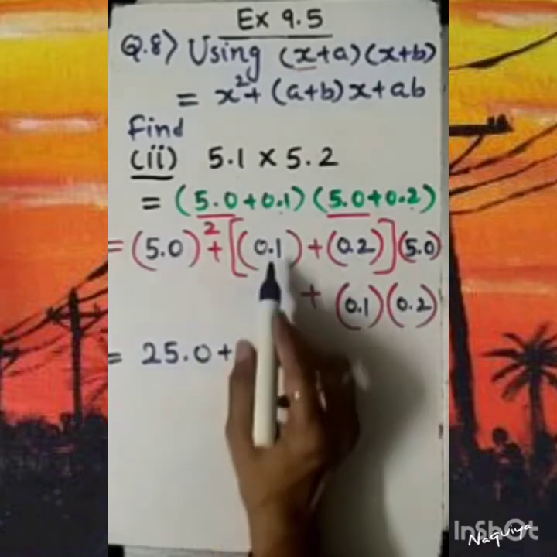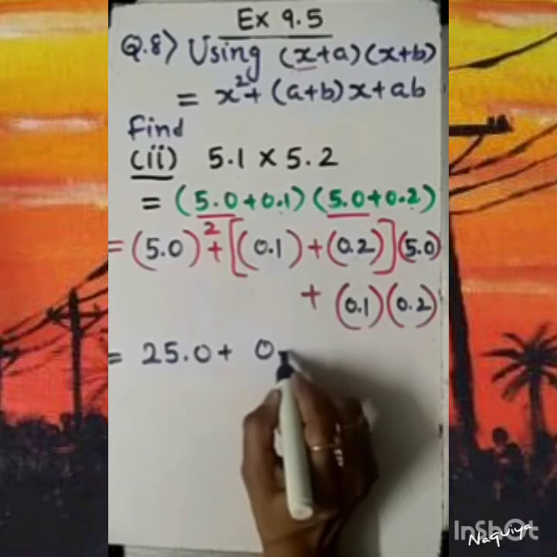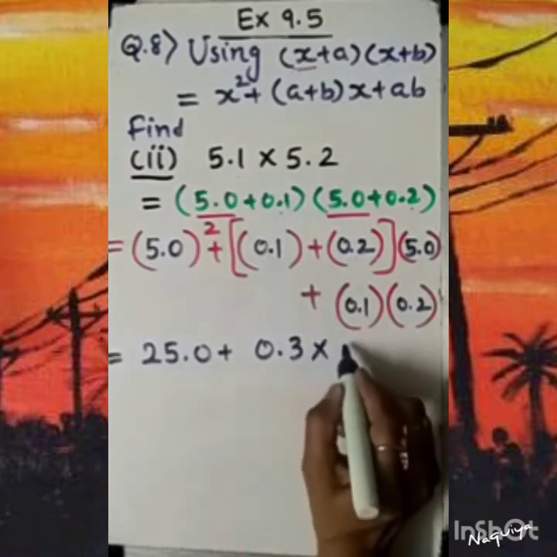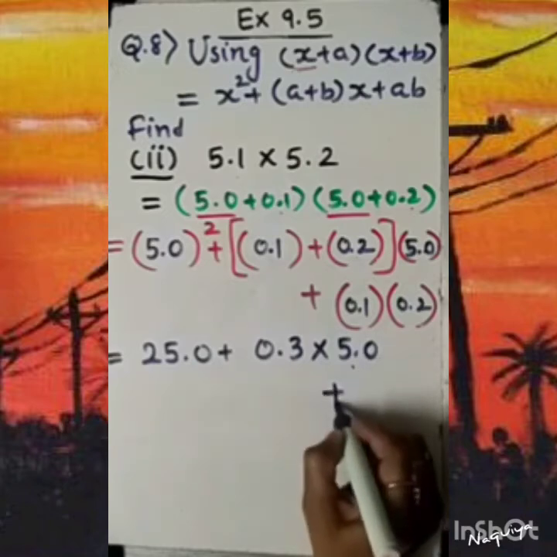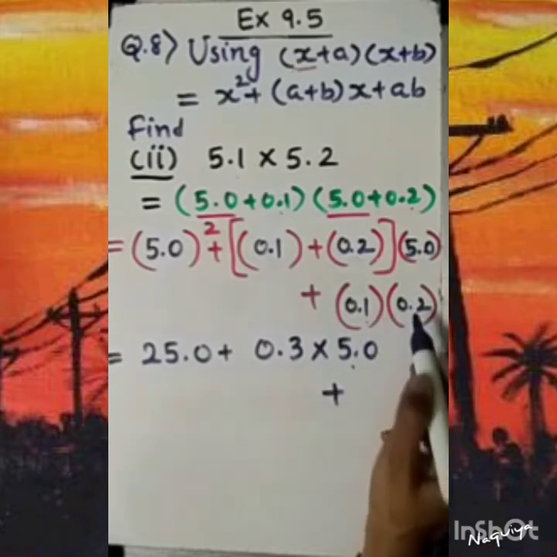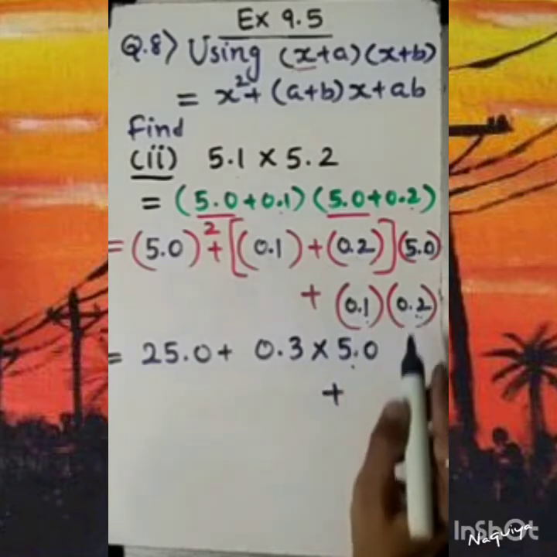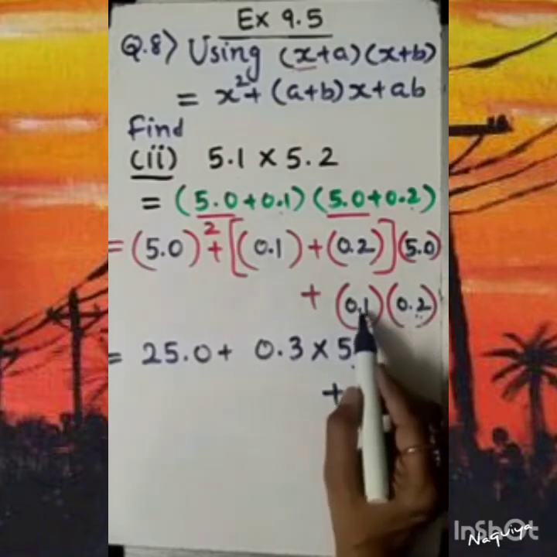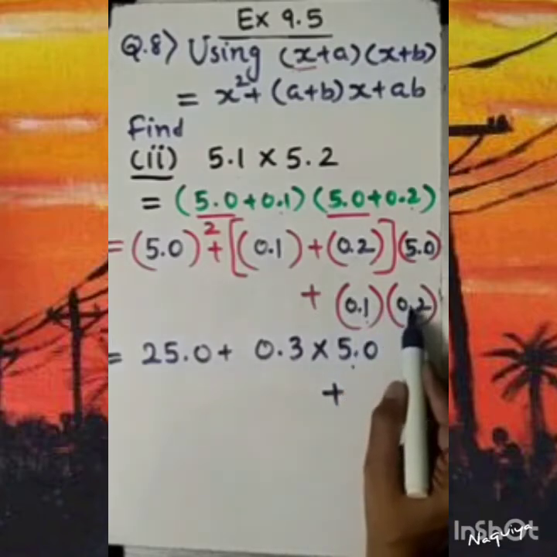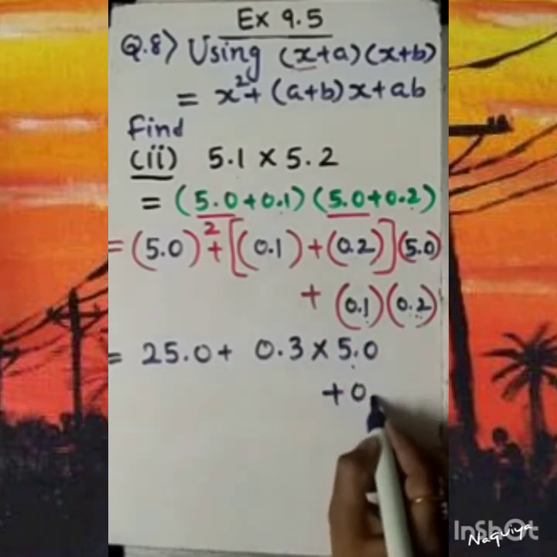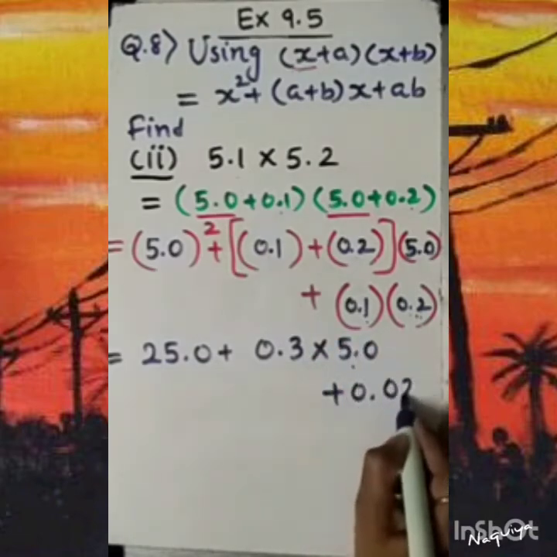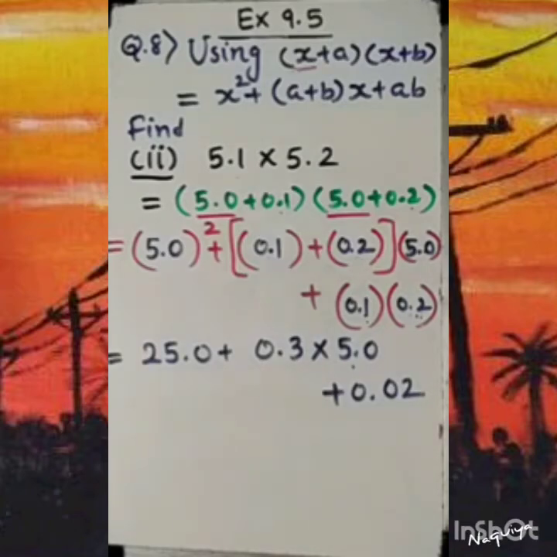If we add 0.1 plus 0.2, it gives the result 0.3, into 5.0 which is already there. Fine. Plus 0.1 into 0.2. 2 1s are 2. But after decimal 1 digit, here after decimal 1 digit, so 2 digits we need to shift. So I need to write here 0.02, because 2 1s are 2.